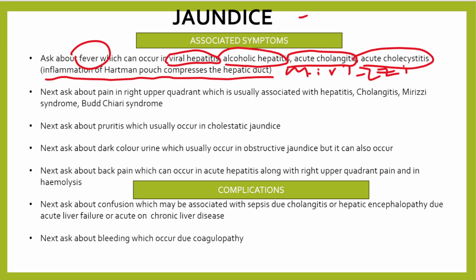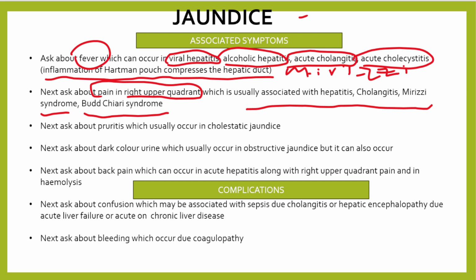Then we will ask about pain in the right upper quadrant area. Pain usually occurs in hepatitis, cholangitis, Mirizzi syndrome, which we just discussed, and Budd-Chiari syndrome. Next we will ask about pruritus. Pruritus will tell us about the cholestatic nature of the jaundice. Then we will ask about dark urine.